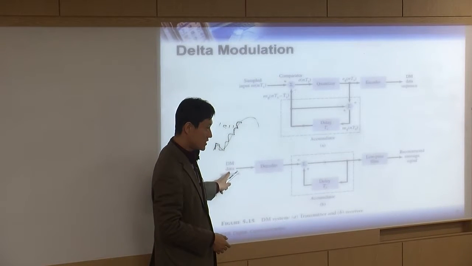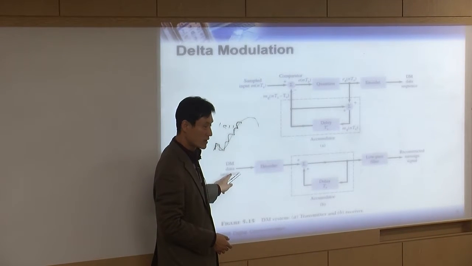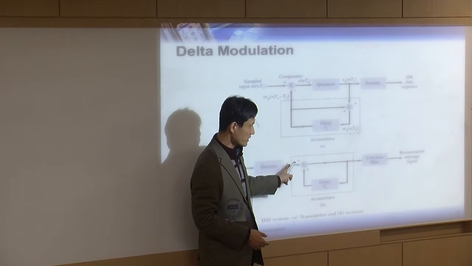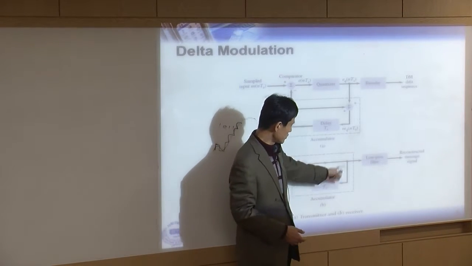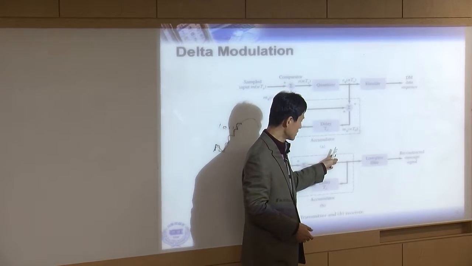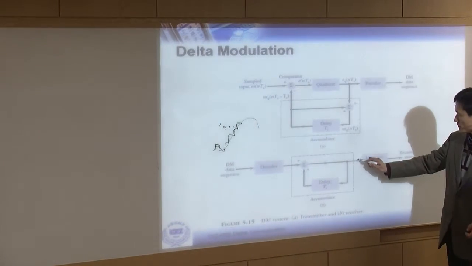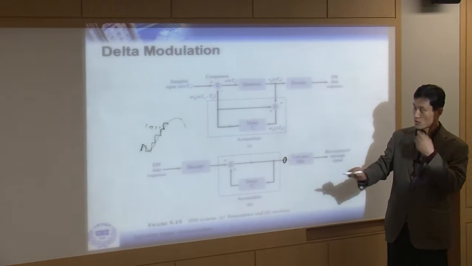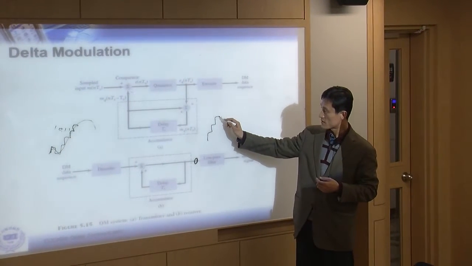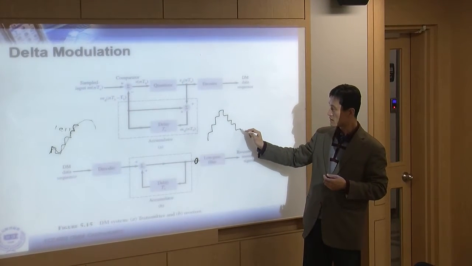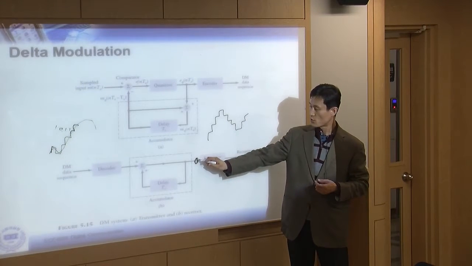This is going to be 1, 0, 1, 0, 0, 1, 1 kind of thing. After the decoder, you're going to get +1, -1, and then you do accumulation. Eventually, after you do accumulation, right here, you're going to get this signal, right? This kind of output is what you get here.